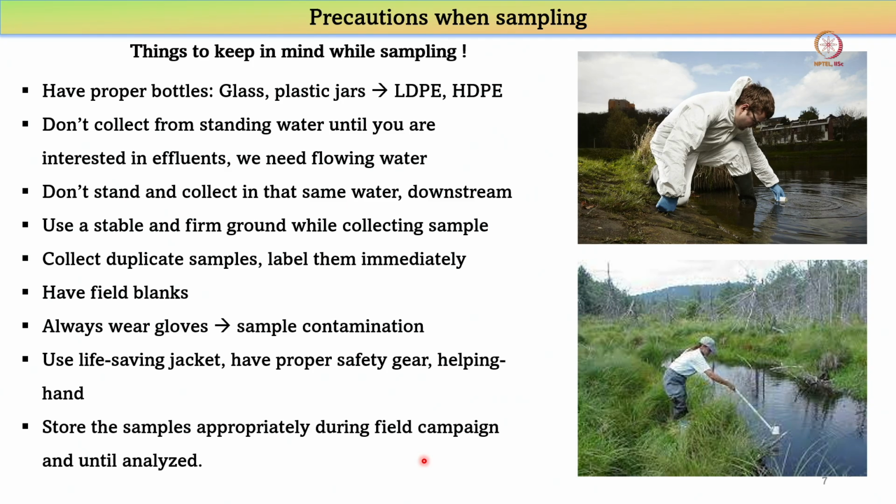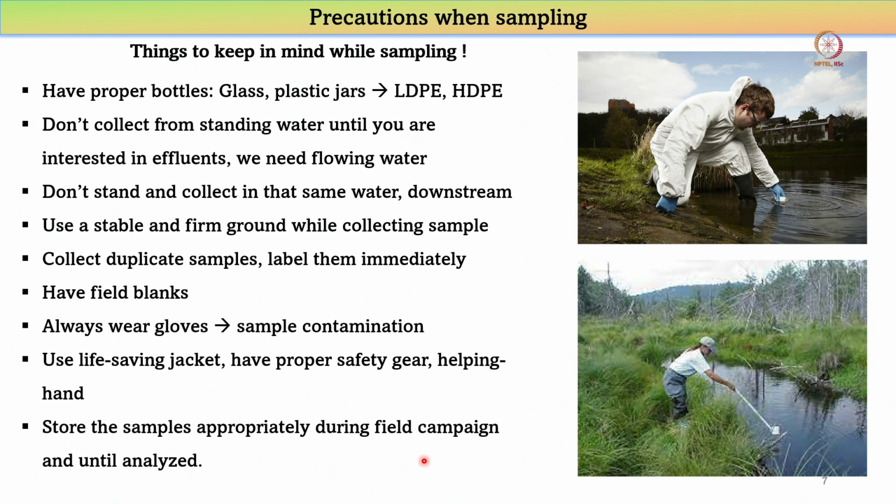Be very cognizant that bank activities can change the water. So it is preferable that you use a big rope and bucket and proper precautions so that you do not mix. Many times it so happens that we collect water from a bridge.